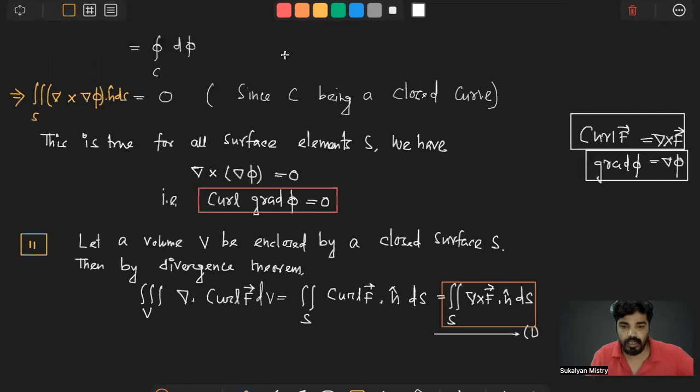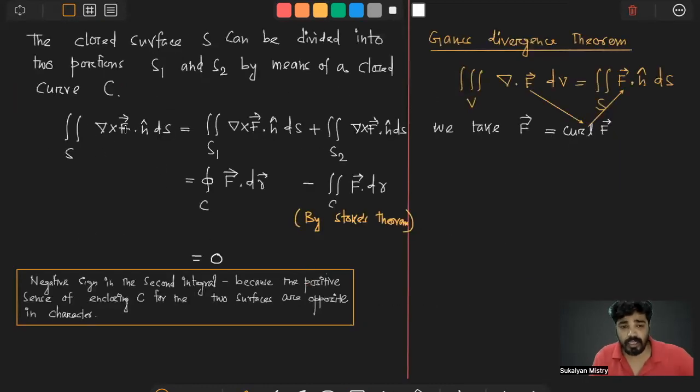What is the reason? Because we have shown that double integration over S del cross F dot n dS is 0. Clear? Okay.